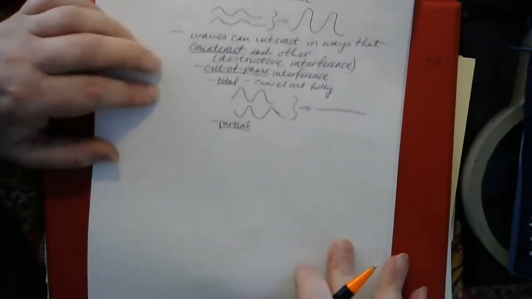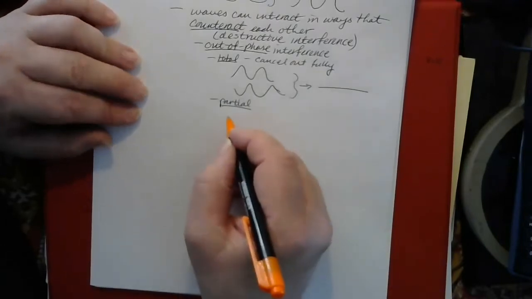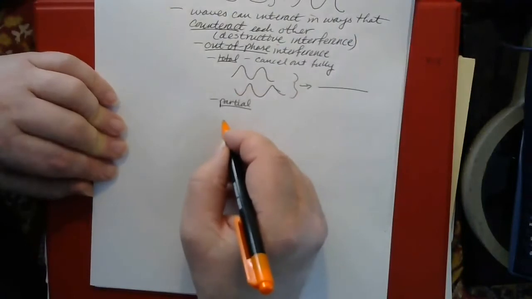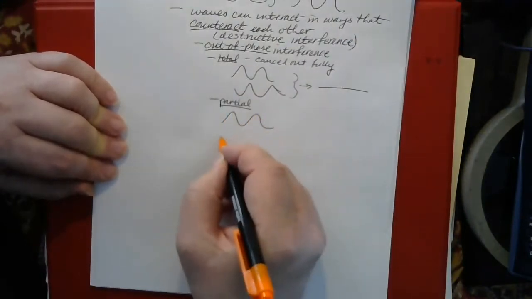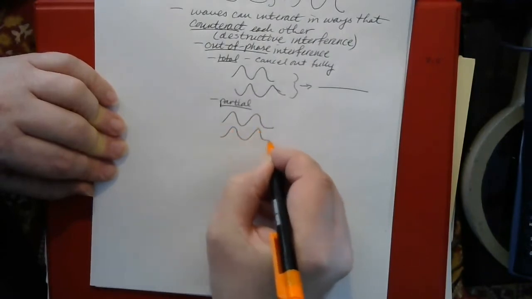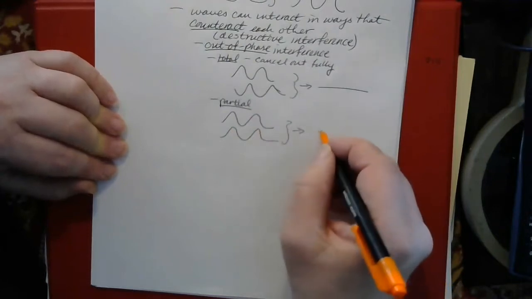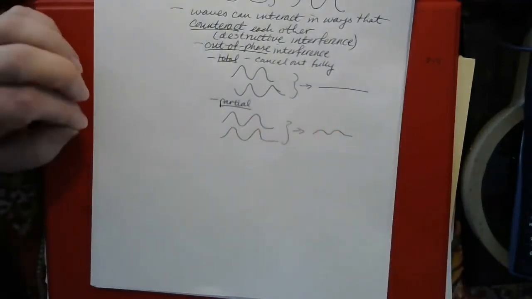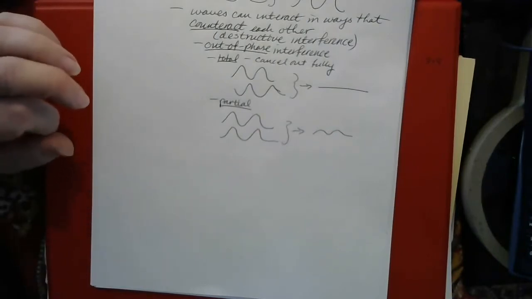There's also partial destructive interference, where the waves are not in phase, but they're not totally out of phase either. And so you might have one wave that looks kind of like that, and one wave that's off a little bit, and allowing for my feeble artistry, you would end up with them combining into, it's still a wave, but they're smaller because they partly interfere.